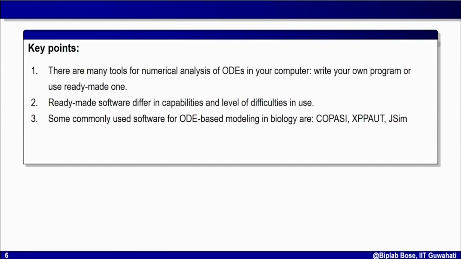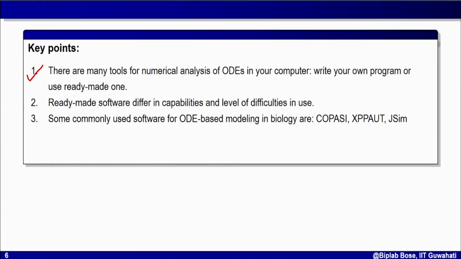So in gist, the key points that we have discussed in this module are that there are many softwares and many programming languages that you can use to model and simulate your ODE-based model. You have to choose them depending upon your capabilities and your ease of work. If you are creating a very large model, then writing your own program may not be a good idea. Maybe some software which can handle large models will be useful for you.